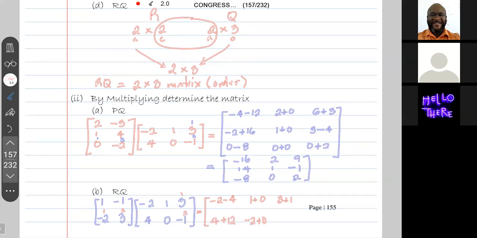First element in the row by the first element in the column. So that is minus 2 times 3, which is minus 6. And the second element in the row, 3 times the second element in the column, minus 1. 3 times minus 1 is minus 3.